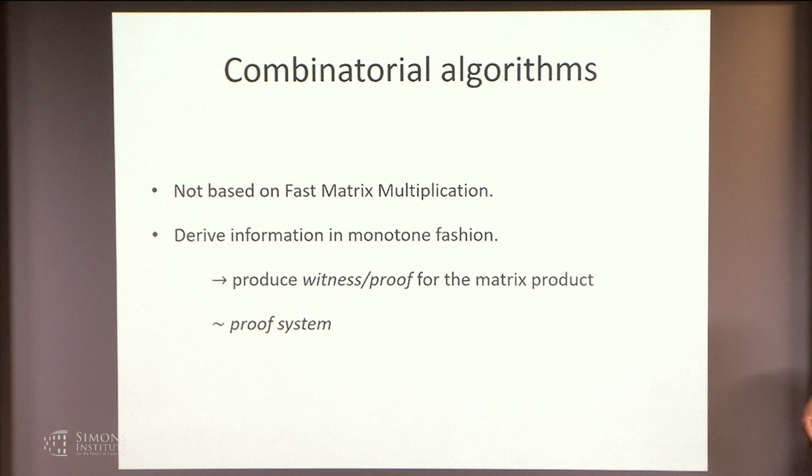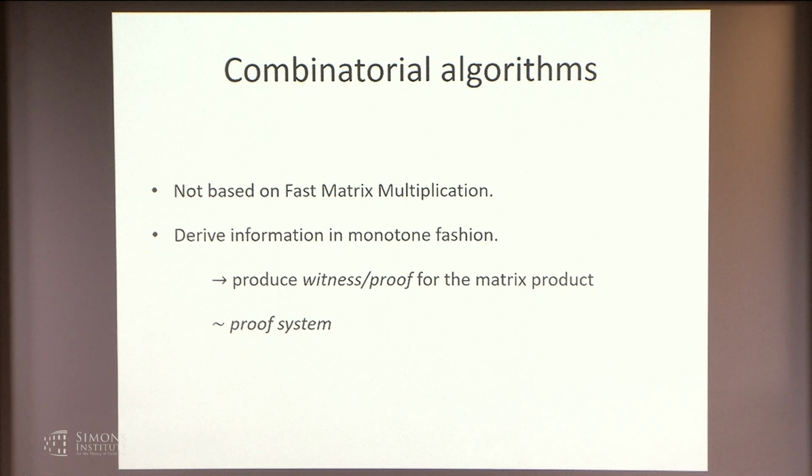Except that the natural way, what we would like to say, is that this algorithm should collect information about the product in some monotone fashion. There should be, in some sense, a witness for the fact that the resulting matrix is what it is. So there should be some kind of proof system, and combinatorial algorithms, the way people think about them, are trying to prove that the matrix looks the way it is.